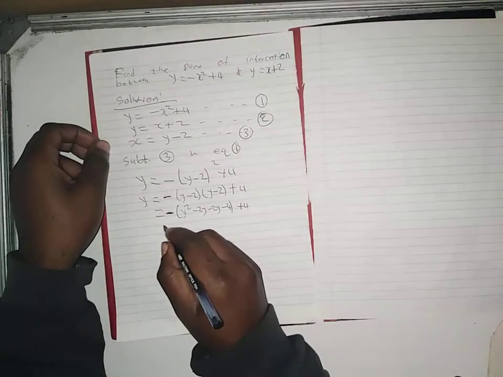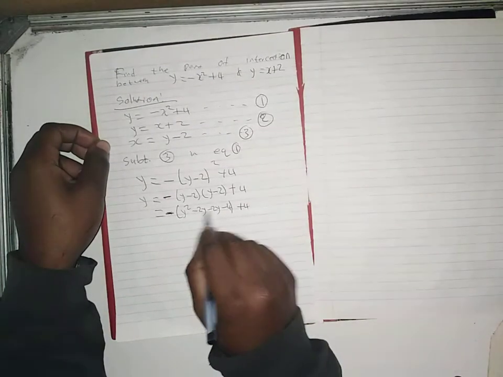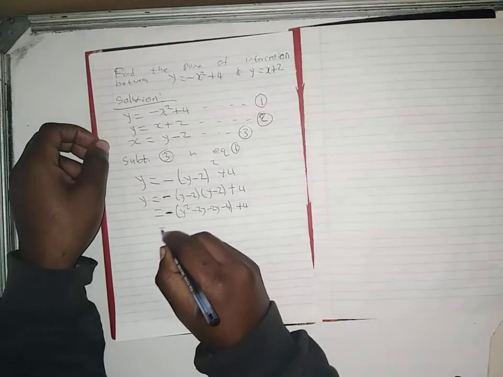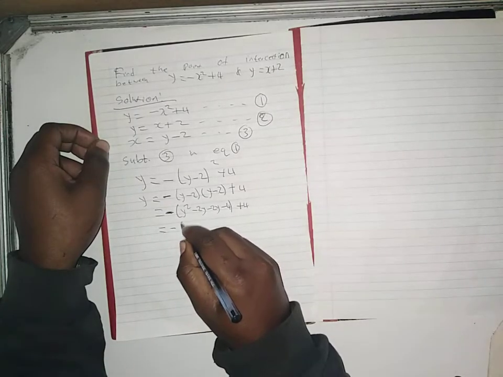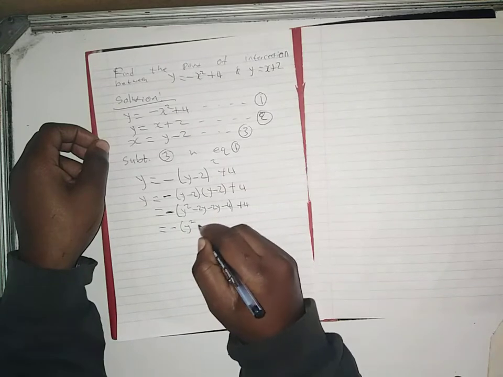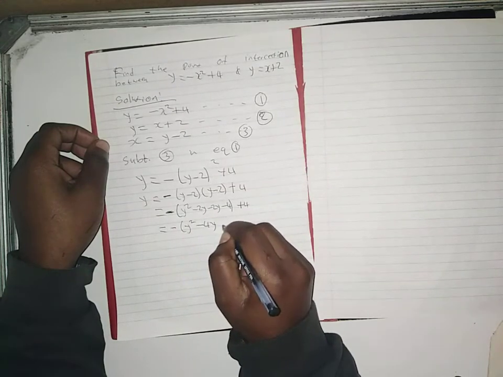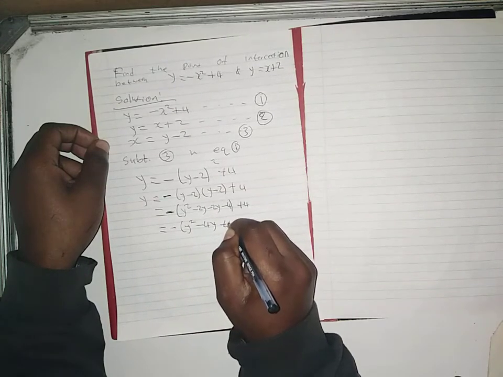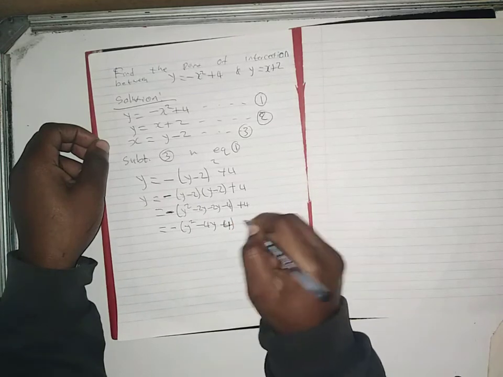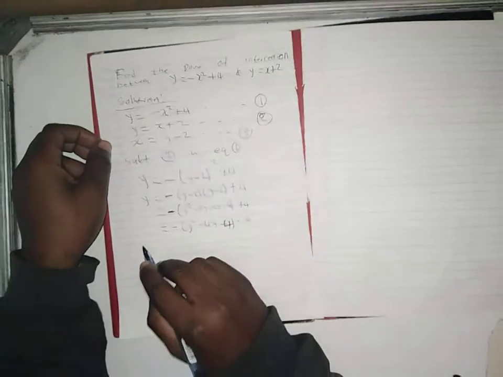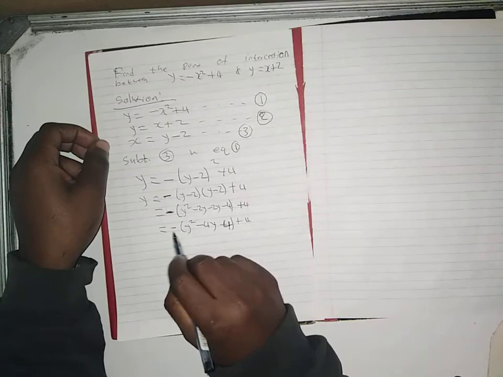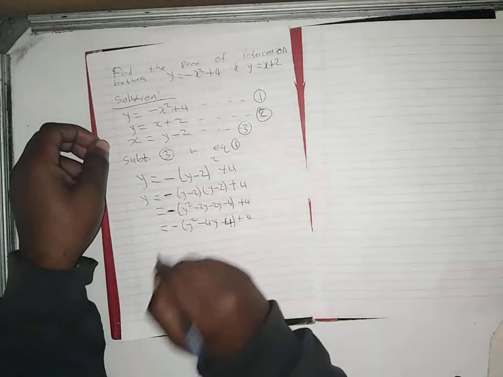There are still like terms here, so it's equal to minus, you still have y squared and then minus 4y and then minus 4 and then plus 4.